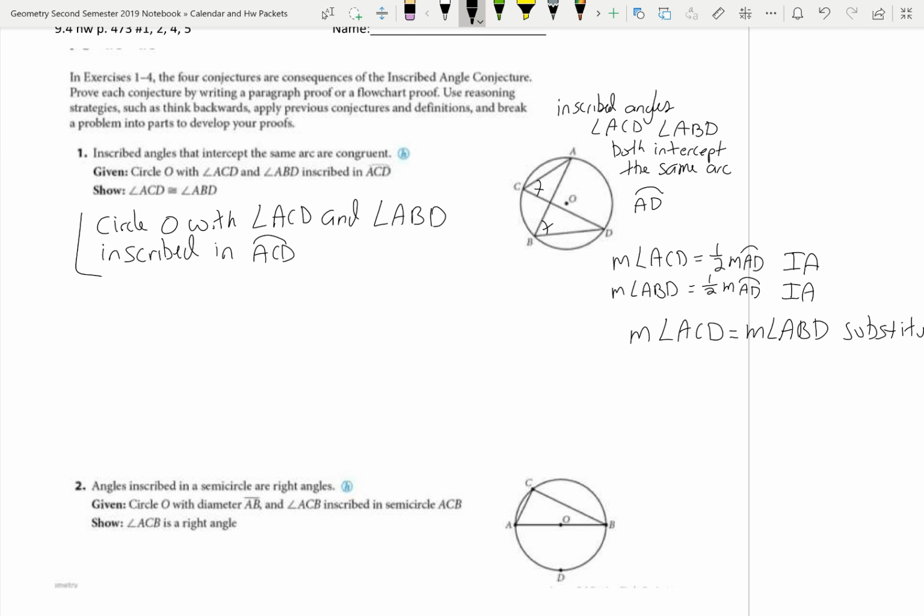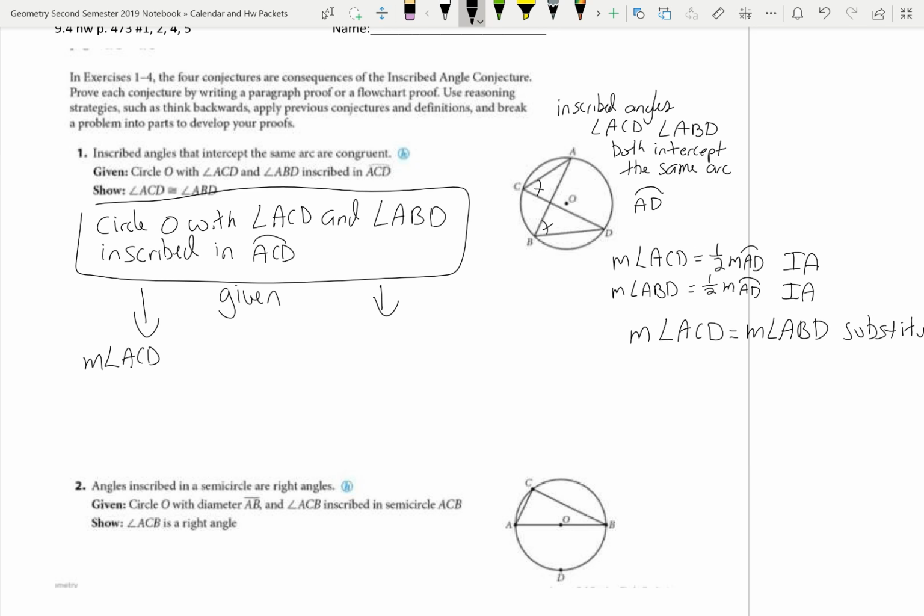Go ahead and do it in the flowchart style here. And because of, it's going to be working down here. So that's going to mean that the measure of angle ACD equals 1/2 the measure of arc AD. That is by the IA conjecture.